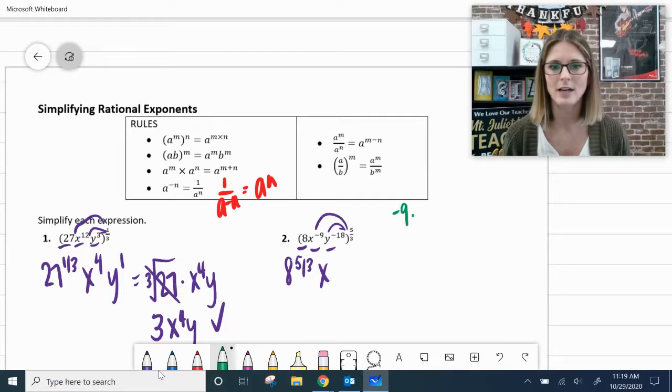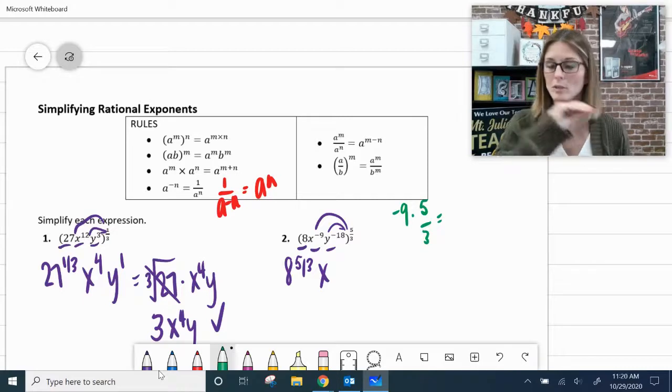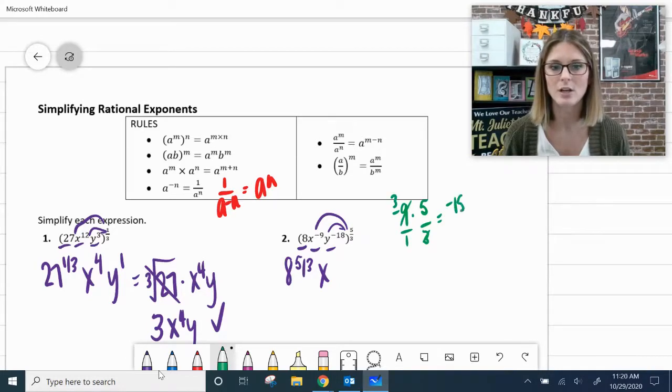If you had -9 times 5/3, you could multiply across the top and across the bottom and simplify, or I'm going to do some cross cancellation here and get -15. So it's just x to the -15, y to the, let's do some more scratch, -18 times 5/3. I'm going to do some cross canceling, simplify, get a -30.